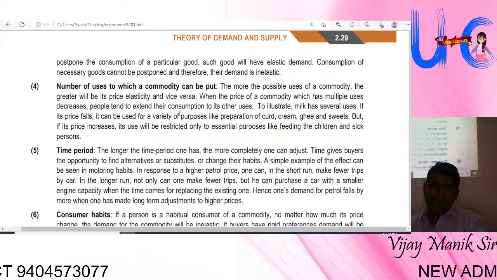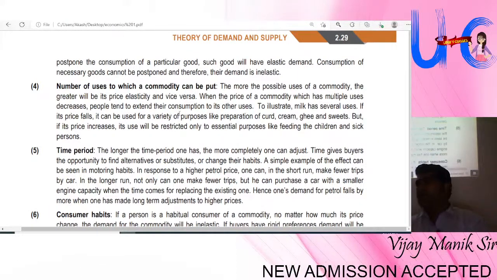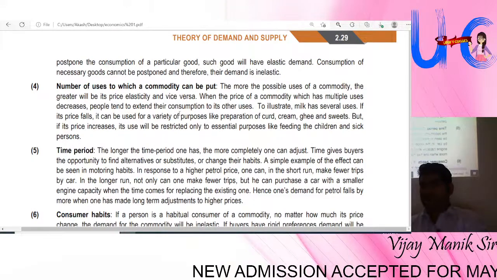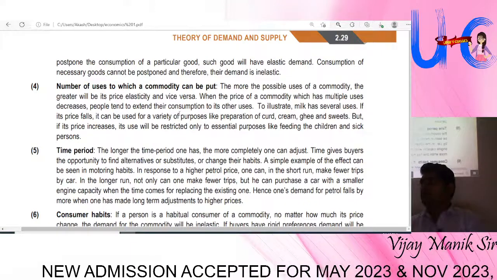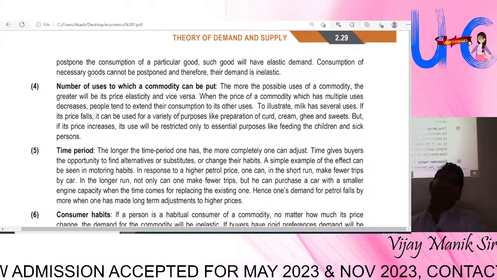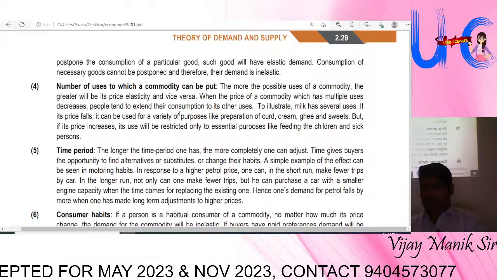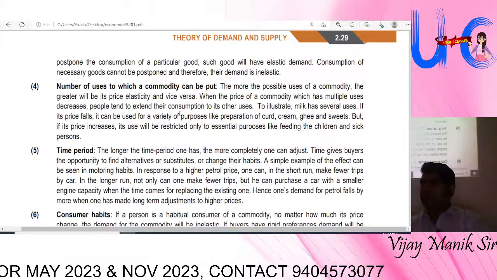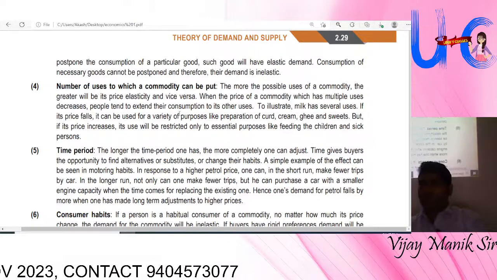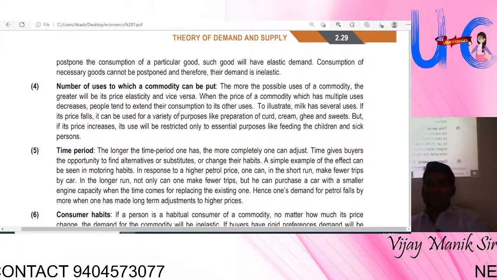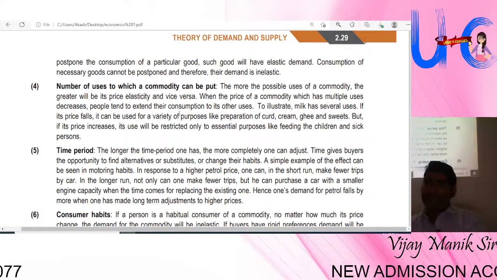Number of uses to which a commodity can be put: people launching a product always spread the idea that their product is multi-purpose. For example, for a particular satisfaction you need more than four things, but one product can satisfy them all.